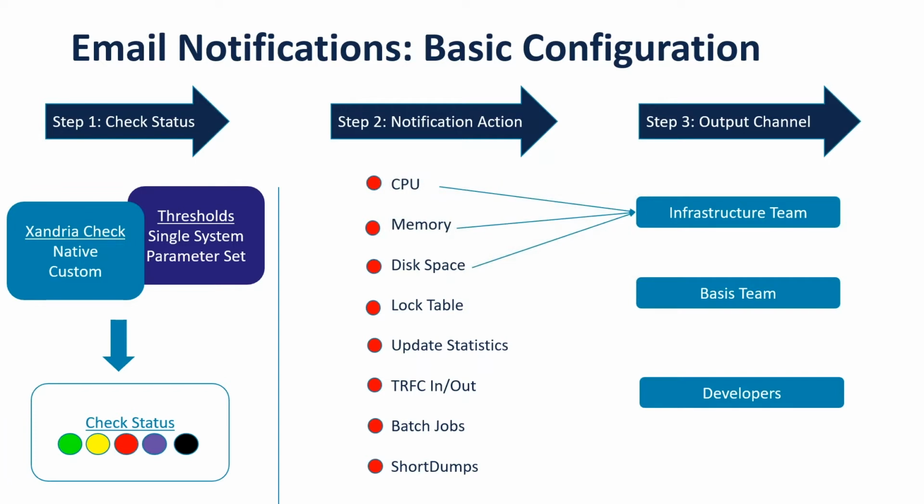So in this example here, CPU, memory, and disk space will go to the infrastructure team. Lock tables, update statistics, RFC inbound and outbound will go to the basis team, and so will batch jobs and short dumps. And at the same time, perhaps the developers would like to know what's going on with the in and out of the TRFCs and also get short dumps as well. So a single action can be spread out to multiple channels.